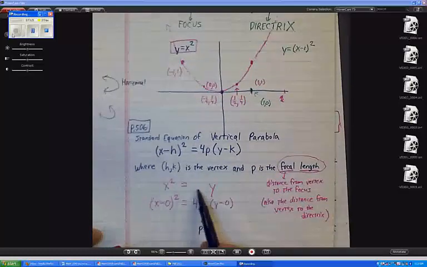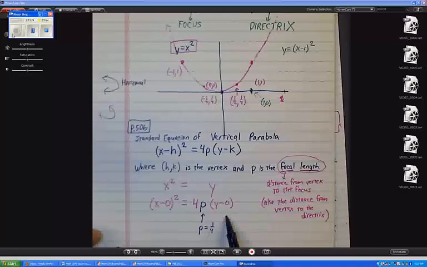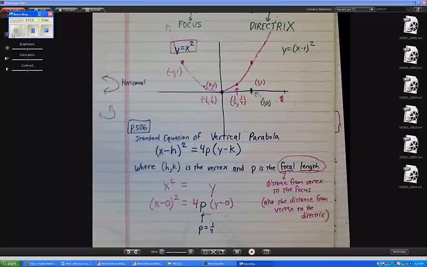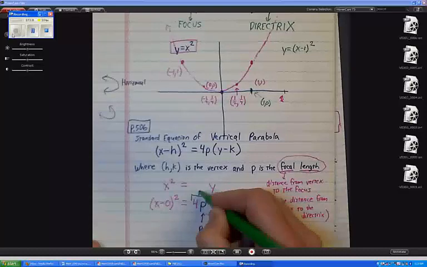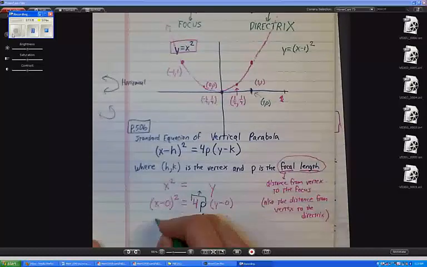And so it's y minus 0 times 4 times whatever p is. So basically, I need 4 times p to equal 1 to get that to work out. So it must be that p equals 1/4. Okay?